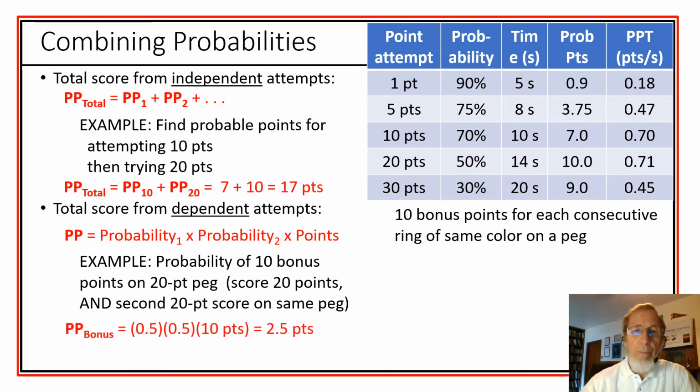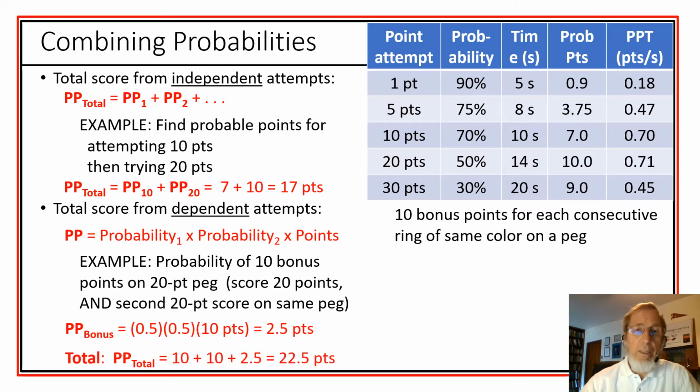That would be the probability of the first is 50%. You see that from the table. Second attempt is also 50%. 10 possible points if they're both successful, which means on the average we're going to have 2.5 points. So only a quarter, 25% chance of that 10-point bonus.